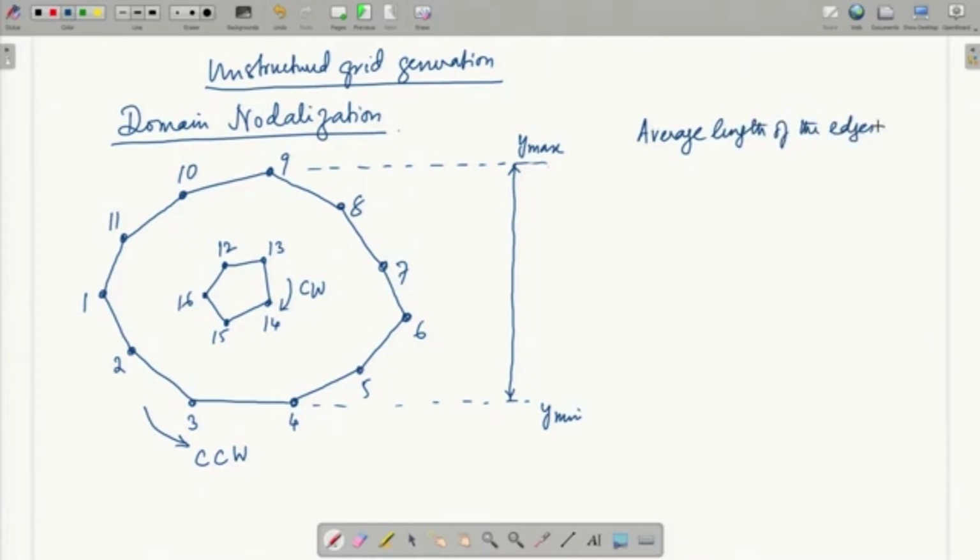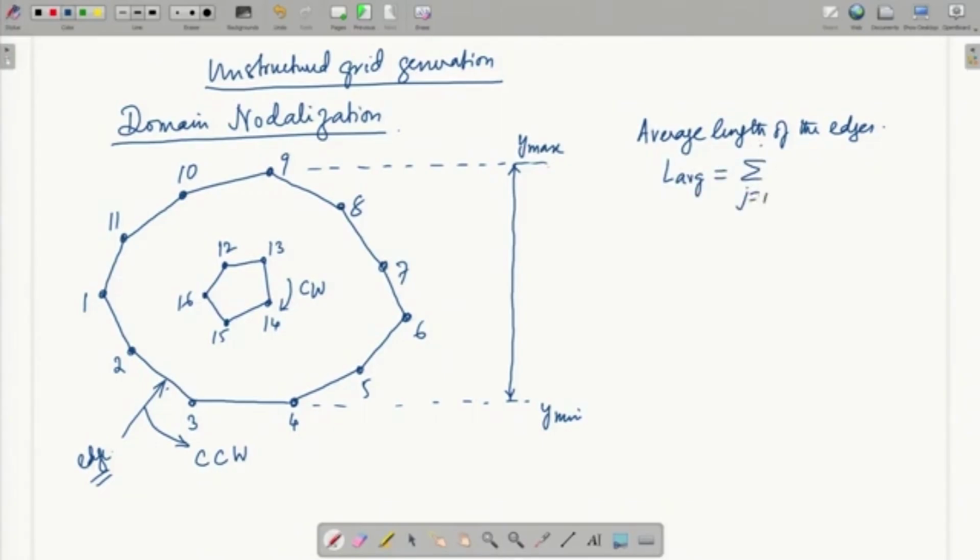So, let us say I can mark an edge like say 1 2, this is an edge, or 2 3 is another edge. So, we do a calculation by means of which we can get an average length of the edges.